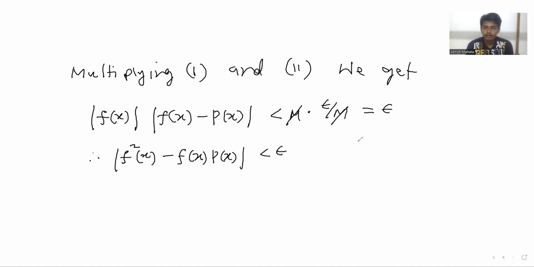This is true because the absolute value of a times the absolute value of b is nothing but the absolute value of a times b.